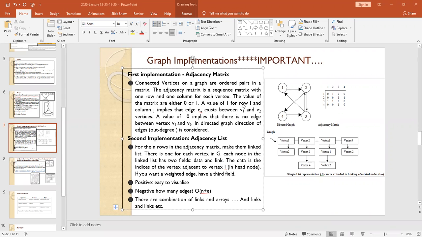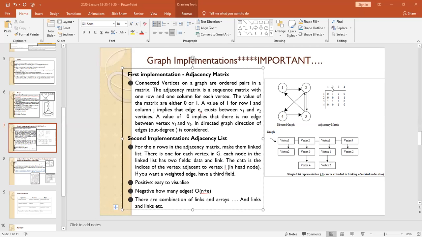So a value of 1 for row I and column J implies that edge Eij exists between V1 and V2. A value of 0 implies that there is no edge between V1 and V2.